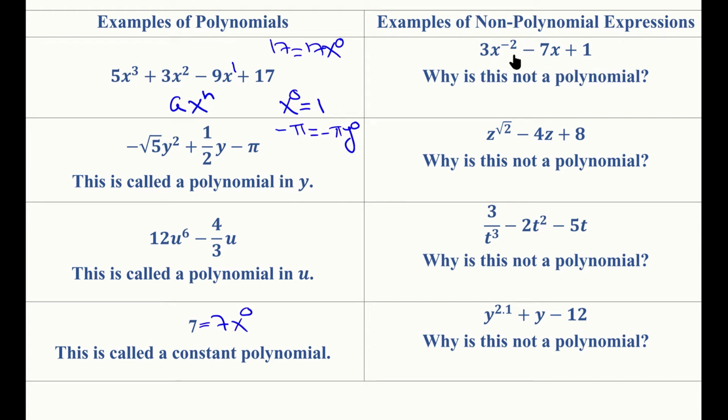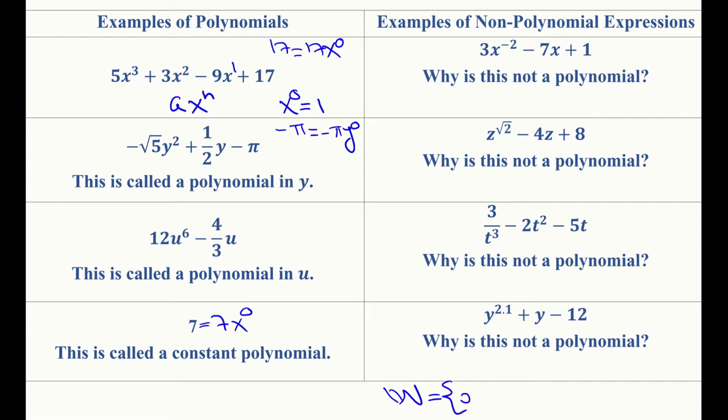And I think you have guessed it, it's the first term which is the problem, because yes, the coefficient is fine, that's a real number, but the exponent here is not a whole number. Remember the set of whole numbers?